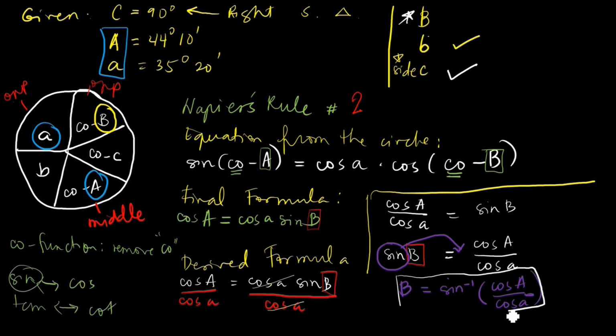After coming up with a derived formula for the unknown, you can already substitute. So B equals arc sine of cosine. Angle A is 44 degrees and 10 minutes. And then cosine of side A, that is 35 degrees and 20 minutes. Then input it in your calcu.